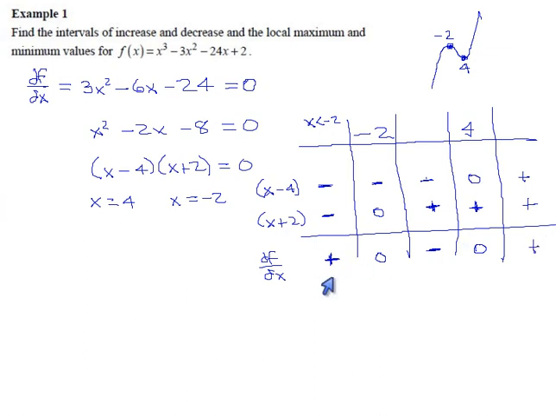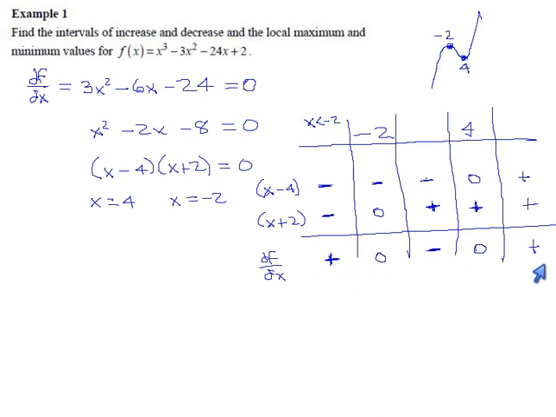So this says the derivative, meaning our slope, should be positive, 0, negative, 0, positive, which means on our curve we should be going uphill, flat, downhill, flat, uphill. And sure enough, there's uphill, here's flat, downhill, flat, uphill.